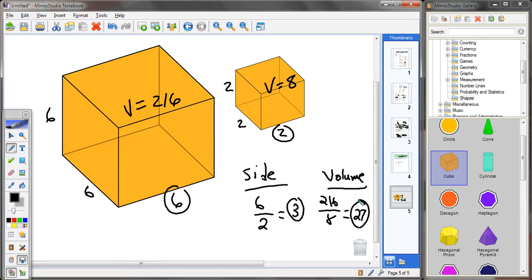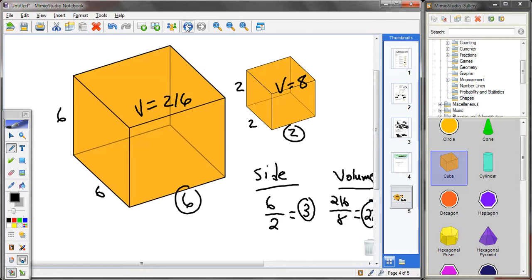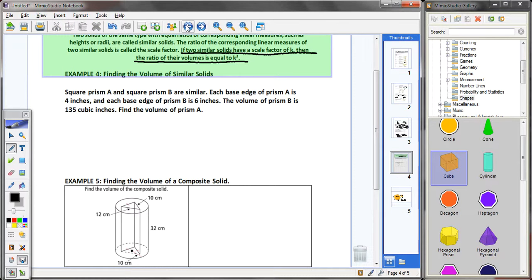Let's take a look at the example and see if we can put this into play to help us understand this. Kids, right here, it says square prism A and square prism B, here's the big word, are what? Similar. Okay? It says each edge of prism A is what? And each edge of prism B is what? 6. It says the volume of prism B is what?